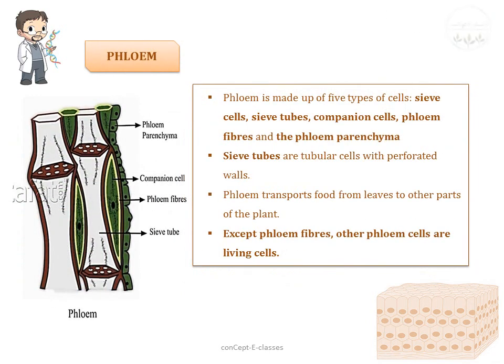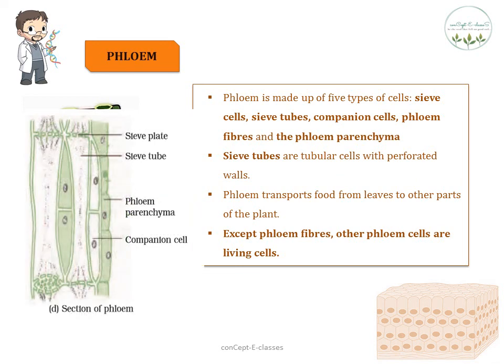Now let's see the next complex permanent tissue, which is the phloem. Phloem is also made up of types of cells: sieve tubes, phloem fibers, companion cells, and phloem parenchyma. The sieve tubes are tubular cells with perforated walls. They are made up of elongated, thin-walled cells placed end to end. They contain many pores, which are called sieve plates.